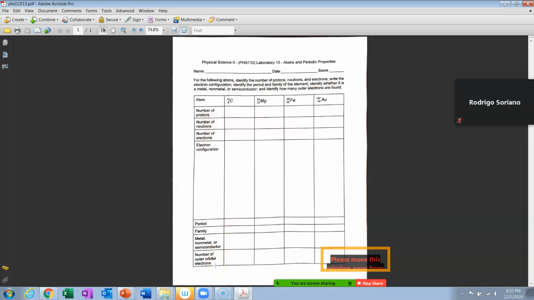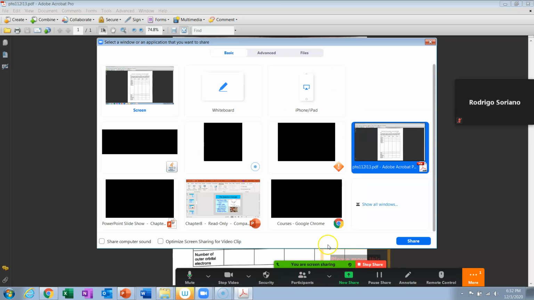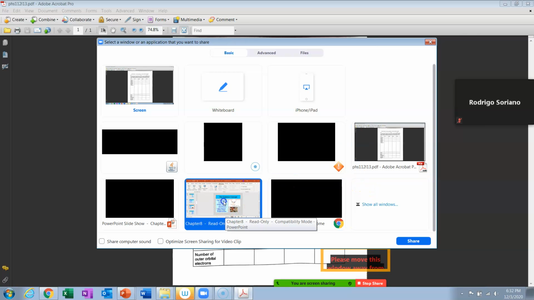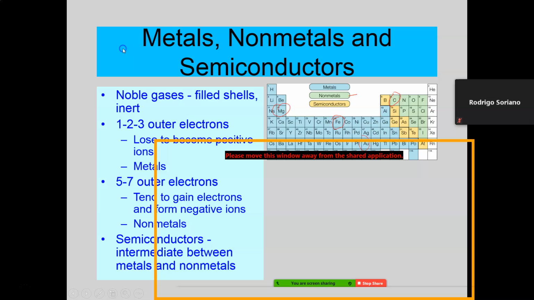The number of outer orbital electrons. Now that's kind of hard to say for sure, but the best thing to go by, in my mind, may not be completely true, but it's going to be mostly true.